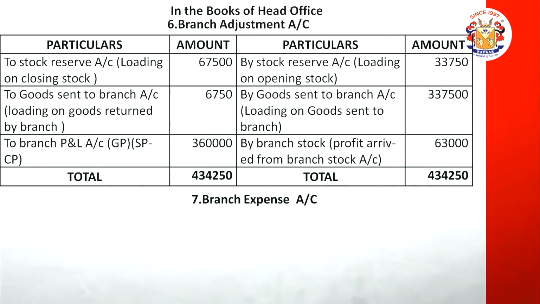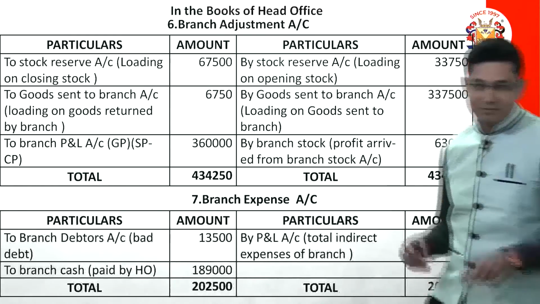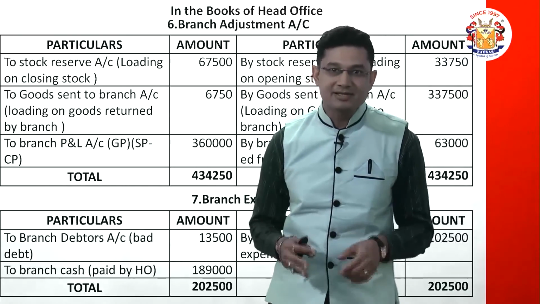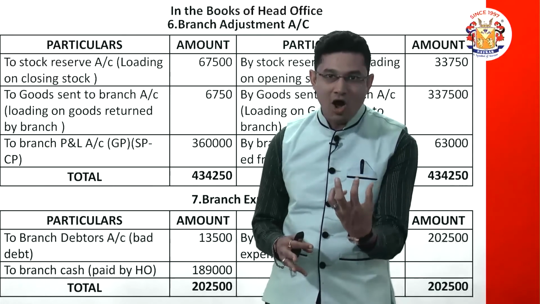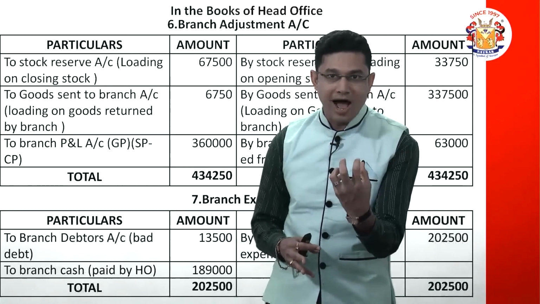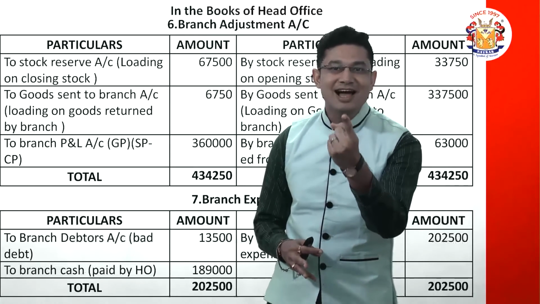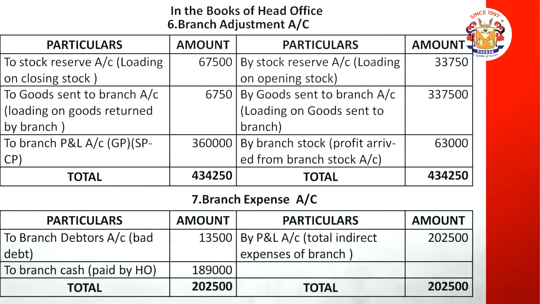Next one, branch expense account. In branch expense account, we are going to record all indirect expenses. I am repeating, all indirect expenses of branch, and total of indirect expenses of branch will be transferred to branch profit and loss account. Mind well. In branch expense account, on the debit side, we will record back date 13500.